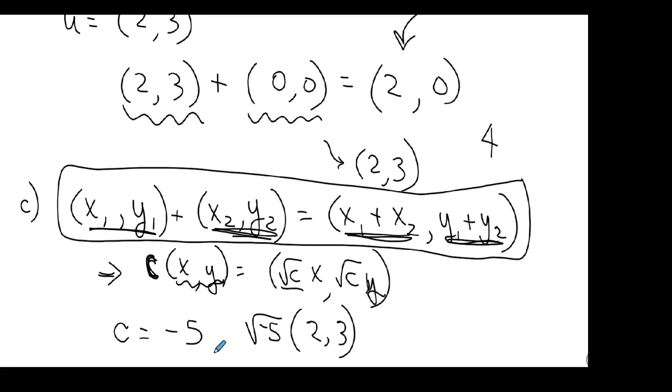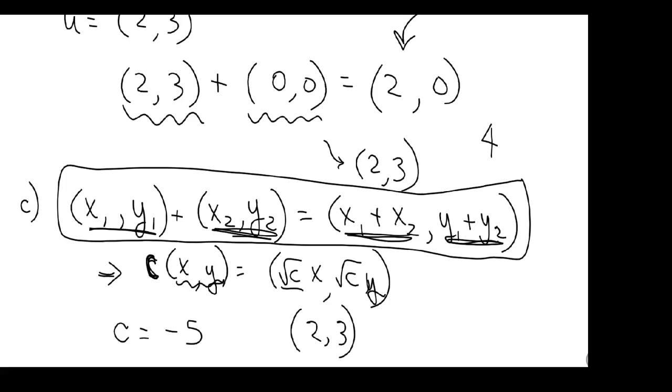But scalar multiplication is defined to be the square root of that scalar times x and the square root of that scalar times y.